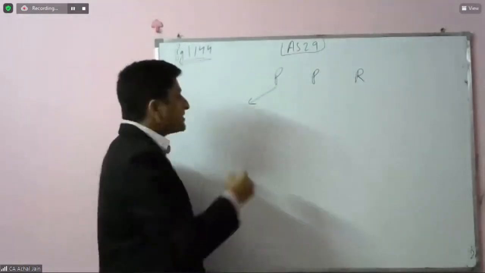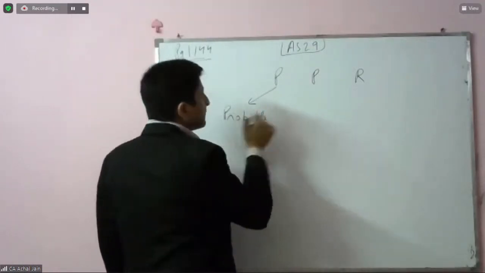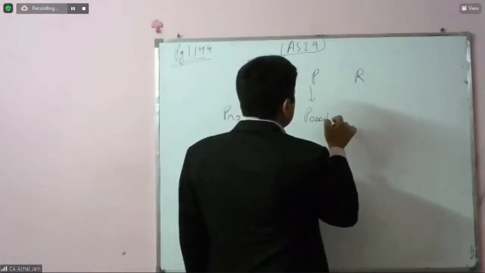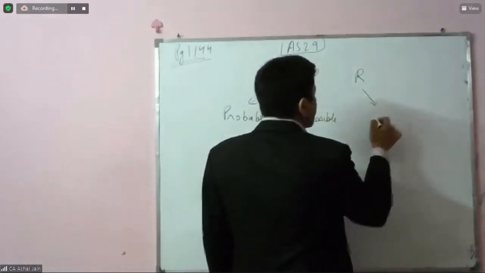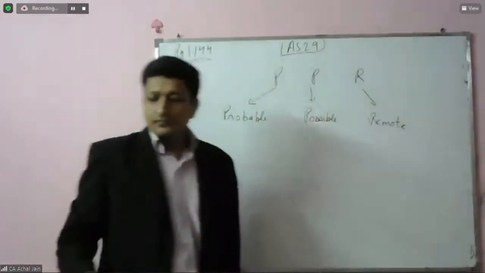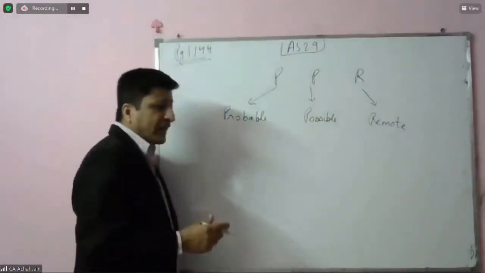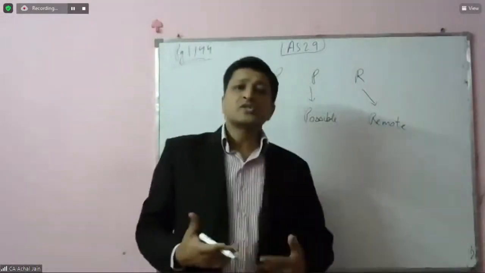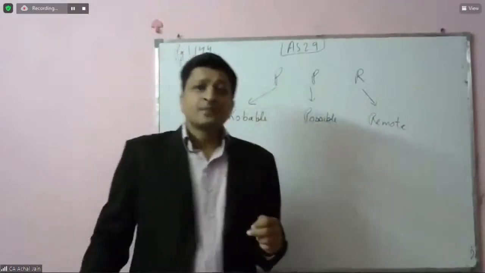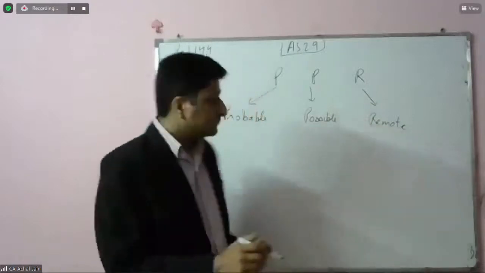In case of PPR, the first P stands for probable. The second P stands for possible. And the third one, R, stands for remote. Now, whenever there is something which is probable, what do you mean by probable? Probable means which is more likely than not going to happen.